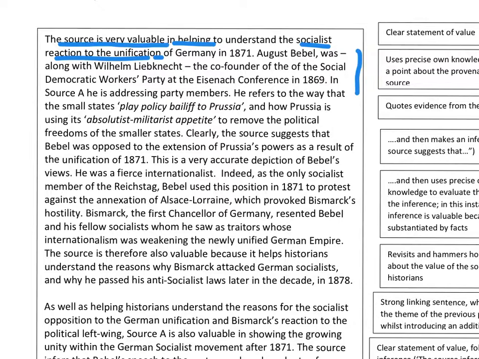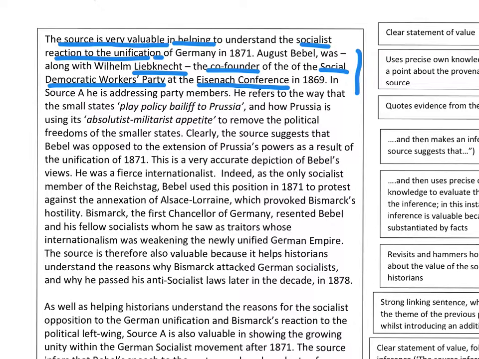But what you're doing here is you're showing the examiner you've got really good, precise own knowledge. Okay, so you're adding information. You're saying about Liebknecht. You're saying that he was a co-founder. You're mentioning the name of the party, the Social Democratic Workers' Party, and you're saying that in 1869 at the Eisenach conference, that was when the party was founded.